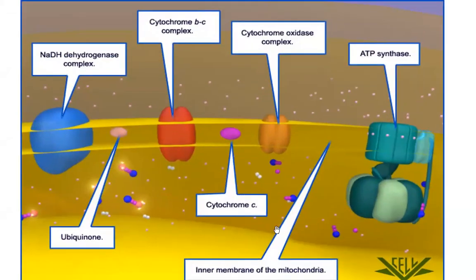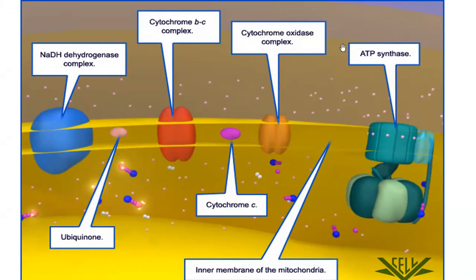There's our enzyme 1, enzyme 2, and enzyme 3. These are high energy electrons here being delivered along with the hydrogens. These are low energy hydrogens here.